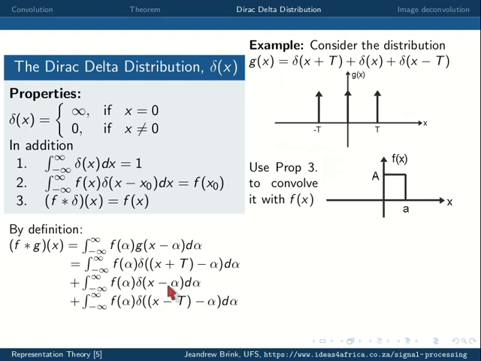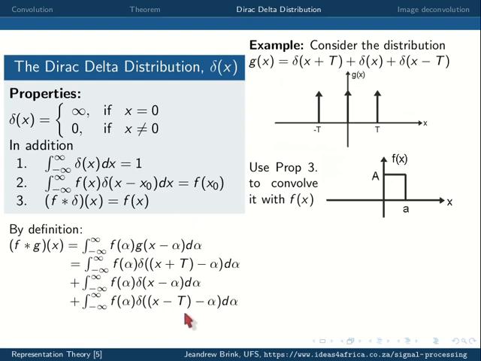And the next one is the integral from minus infinity to infinity of f times the delta function of x minus alpha minus t.